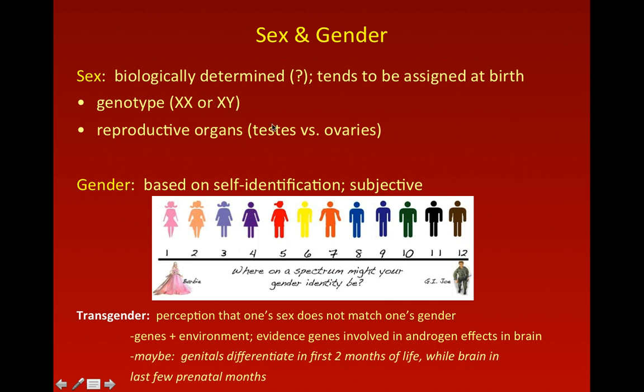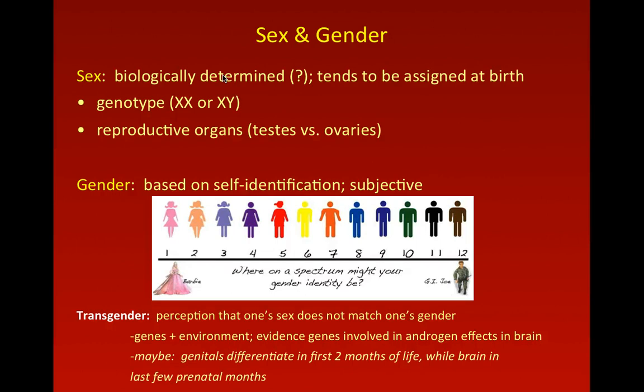So if you have testes and associated external genitalia like a penis, then you're male. If you have ovaries and associated female external genitalia, a vagina, labia, and a clitoris, you're female. So this is traditionally how the term sex is used in this field of research.